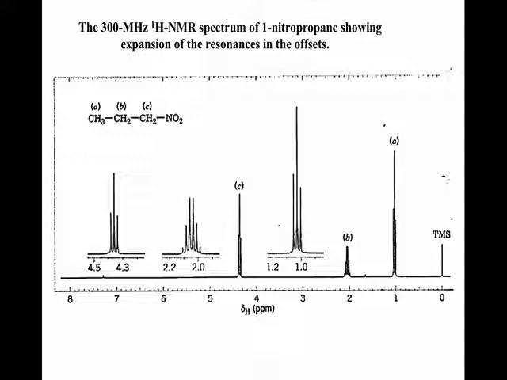We have 5 total neighbors, so it should be a sextet, 1, 2, 3, 4, 5, 6, and in fact it is. This is all well behaved. And A has how many neighbors? And so it should be a triplet, and in fact it is, right? And so you can see on the scale there the different electronic environments. No integrals are shown on this one, but if we had it integrated, you would see that information as well.